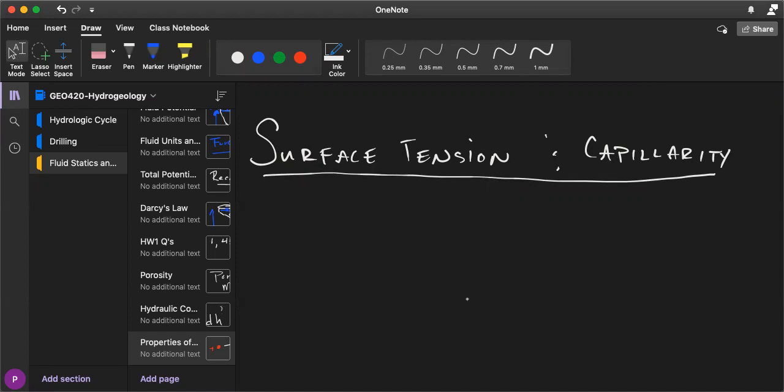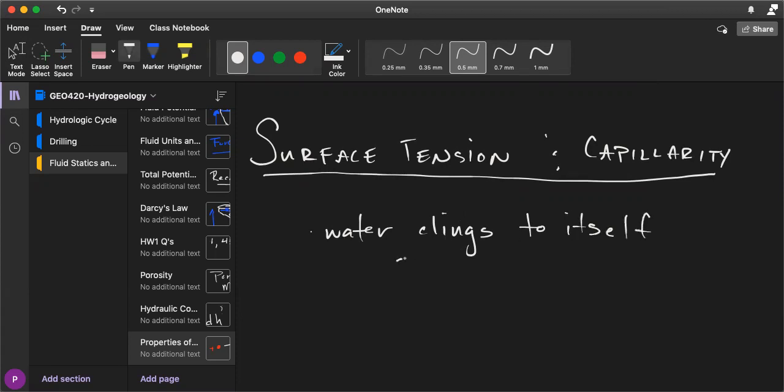We call those hydrogen bonds. We have to break those in order to pull water apart. So it causes surface tension. So water clings to itself. And that is surface tension.